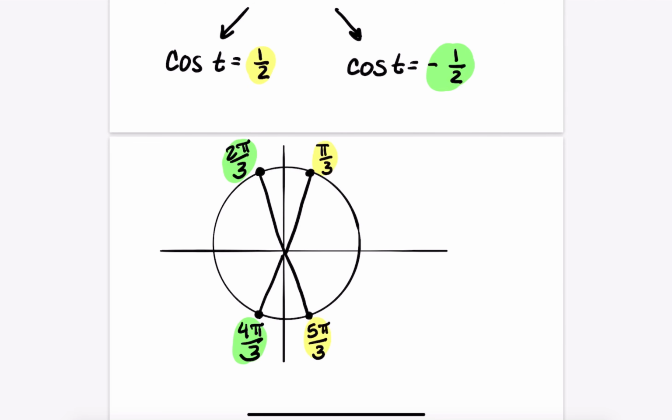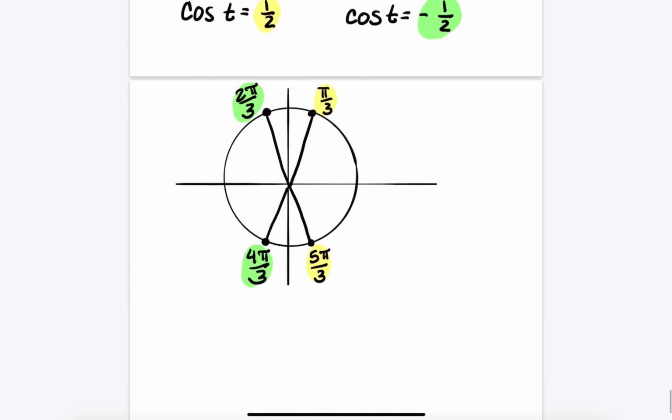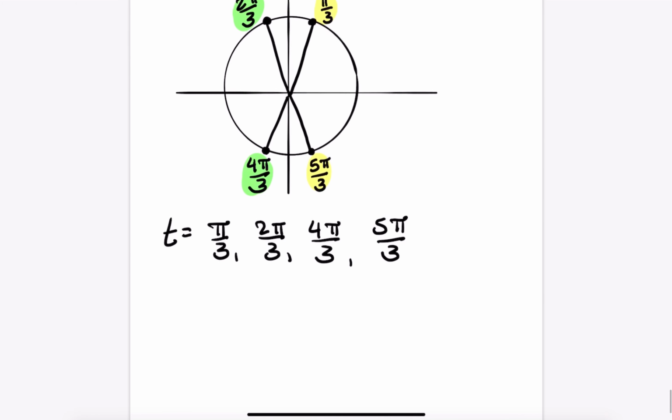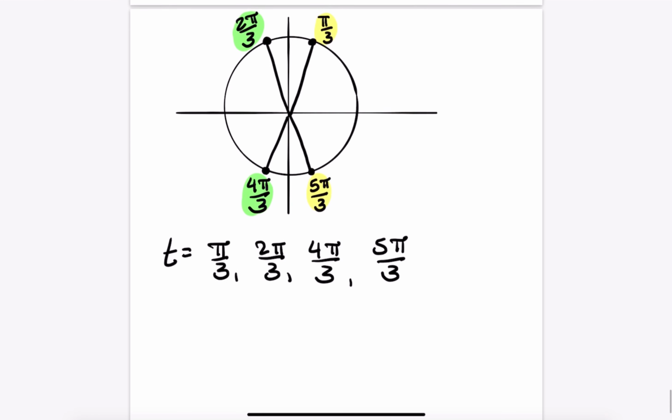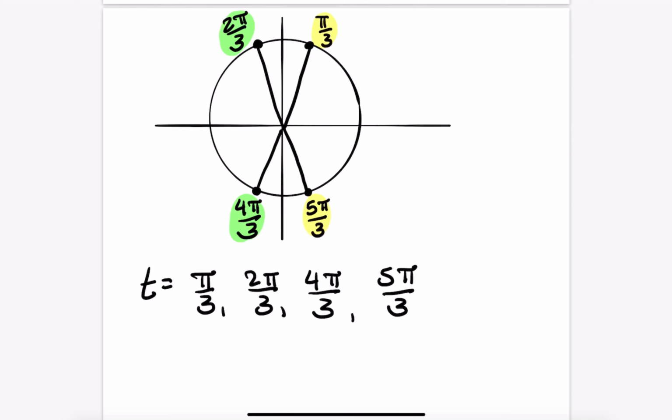So these seem to be our solutions. We have t is equal to pi over 3, 2 pi over 3, 4 pi over 3, and 5 pi over 3. You can also express these in degrees, but we usually express them in radians. So these seem to be our only 4 answers.